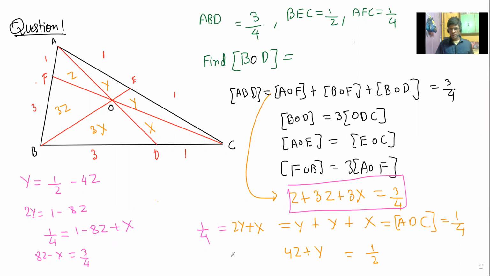4x plus y is half. Yeah, that is better. Basically, we can solve for x and y from here. Yeah, it's much easier.